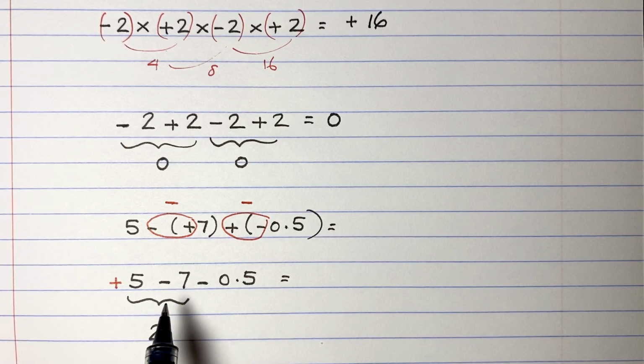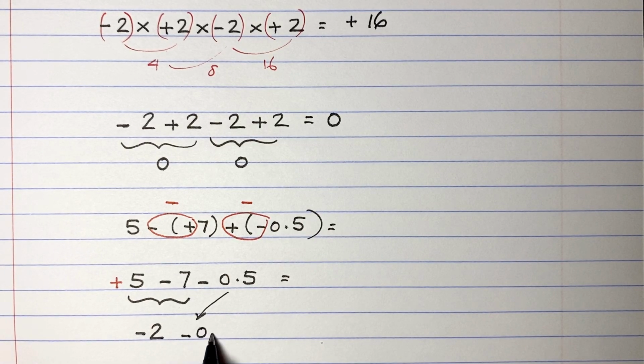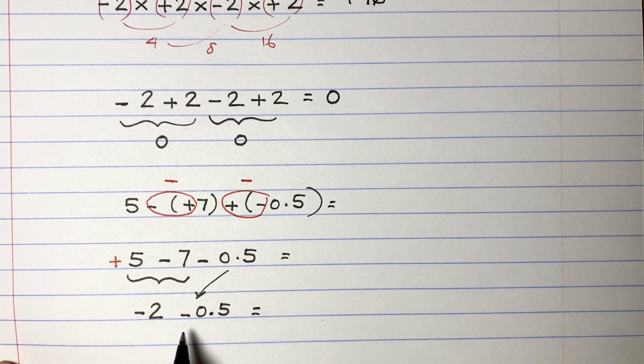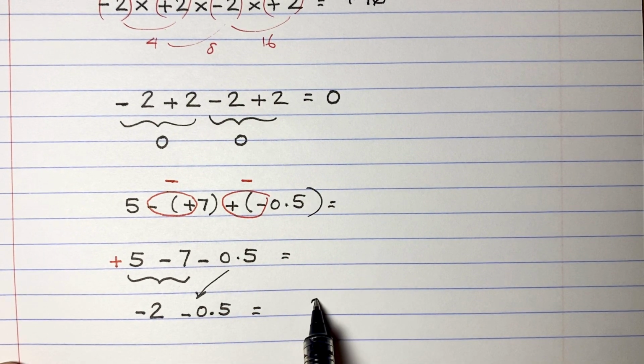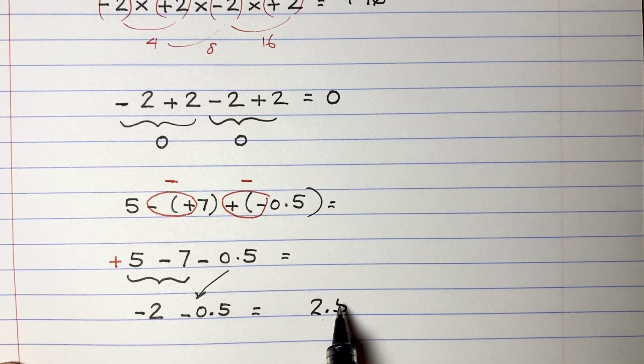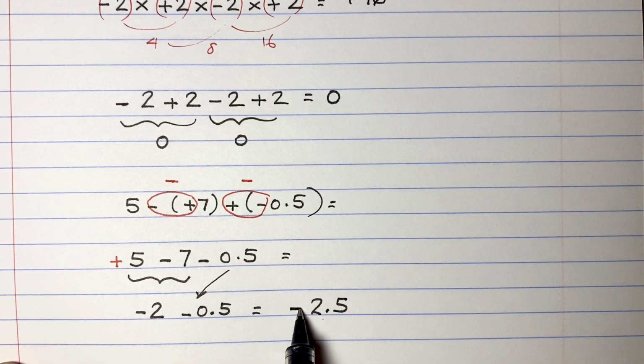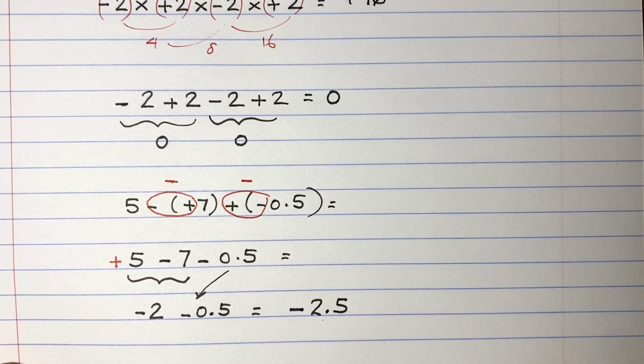Bigger digit is 7. 7 is negative. Then we deal with this one now. This is the result of the first two, followed by the third number, which is minus 0.5. Now here, the signs are the same. So you add the digits. Look at the bigger digit is 2. 2 is negative, so the answer is negative.